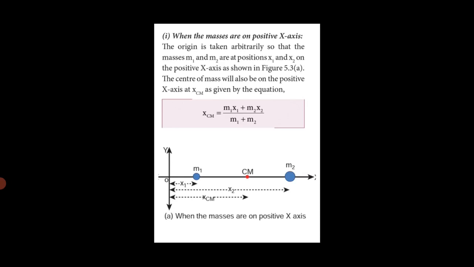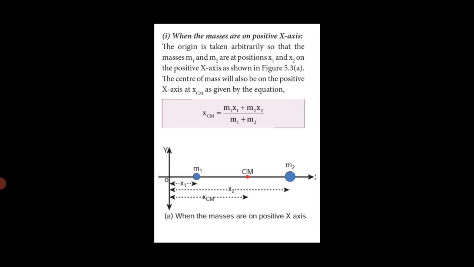Here we have two different masses, and for them the center point is taken as the center of mass, denoted by the red point. m1 is on the left-hand side and m2 is on the right-hand side. x1 is measured from the origin O to m1, and x2 is measured from O to m2.